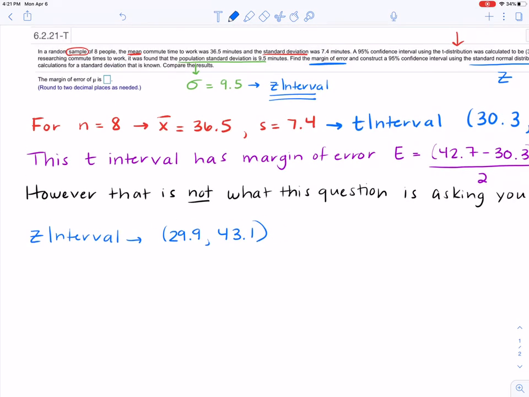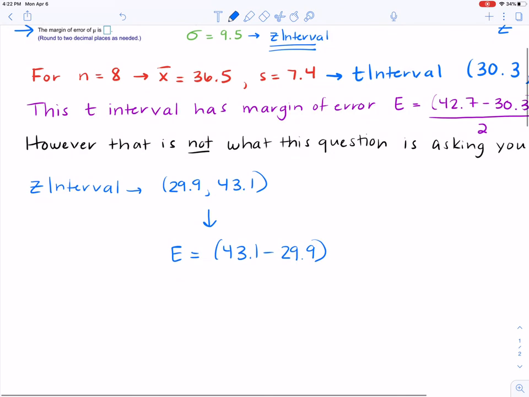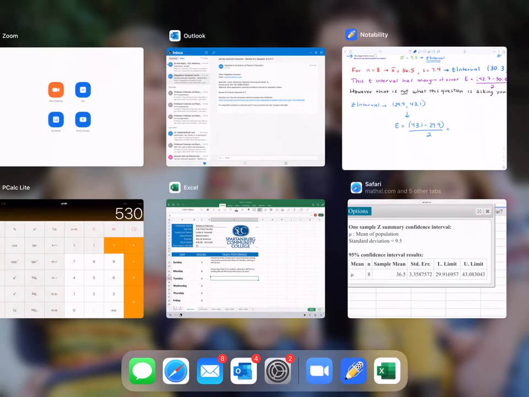And this interval is what we're asked to find the margin of error for. So now, using the Z interval, I can calculate the margin of error by looking at the distance between the endpoints, the width of the interval, and then dividing by 2 because, again, margin of error goes on either side of the sample mean.